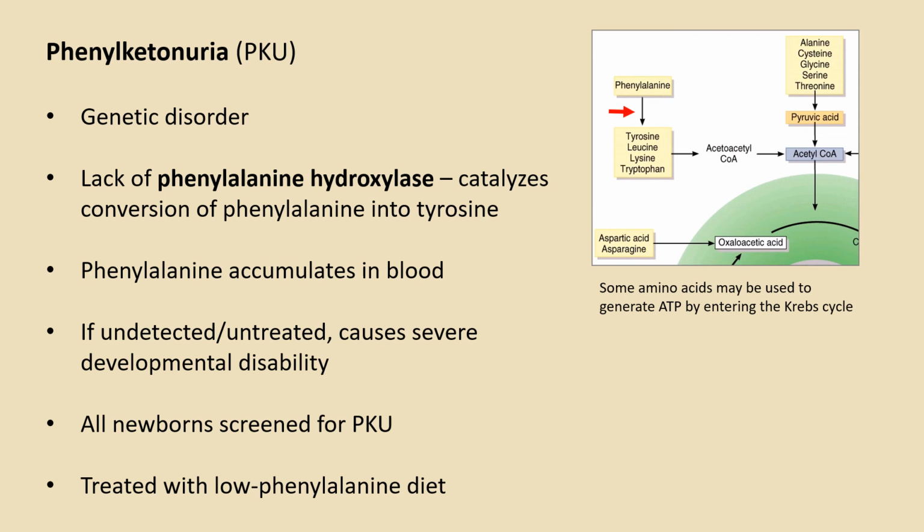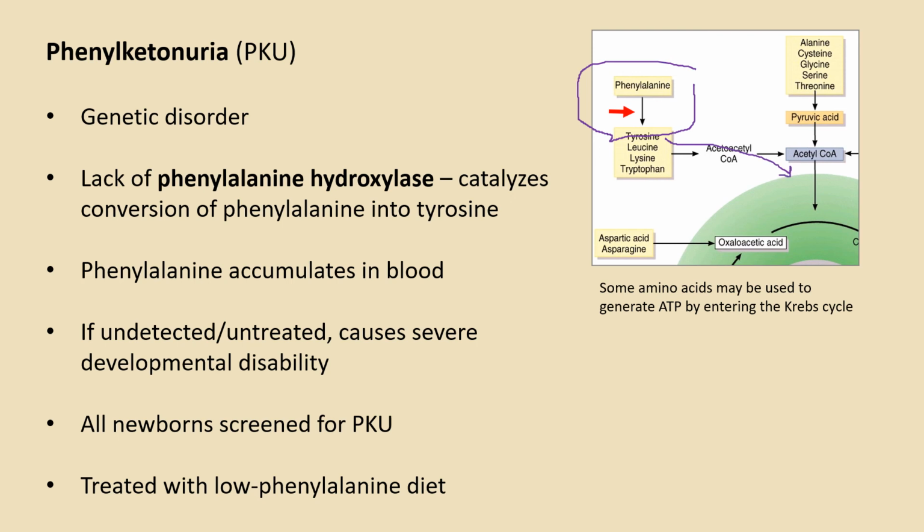People with PKU don't produce a particular enzyme, called phenylalanine hydroxylase, and it disrupts this part of the previous diagram. Phenylalanine in most of us can be converted into tyrosine, and tyrosine can then be used to fuel ATP synthesis.